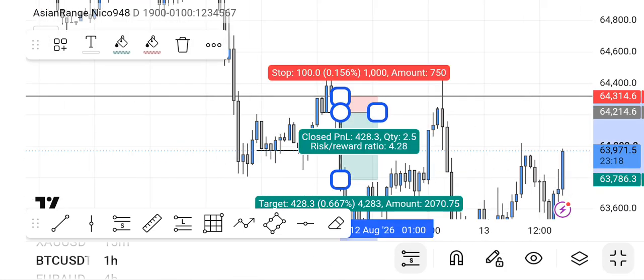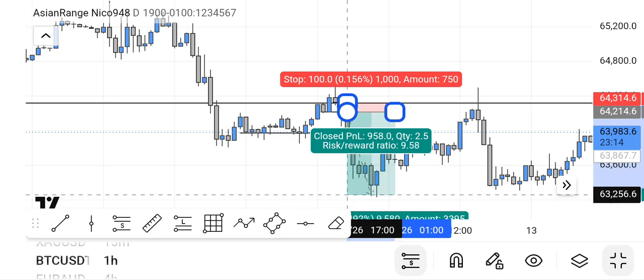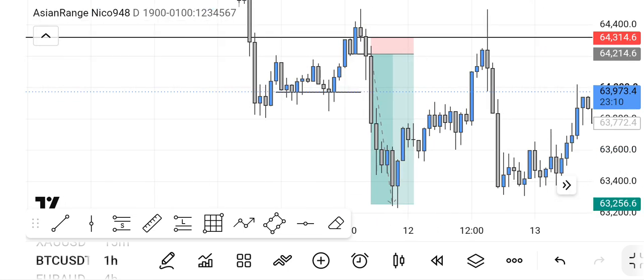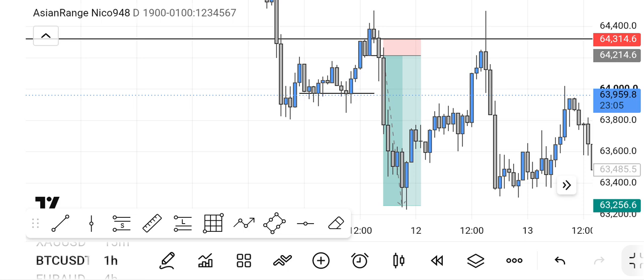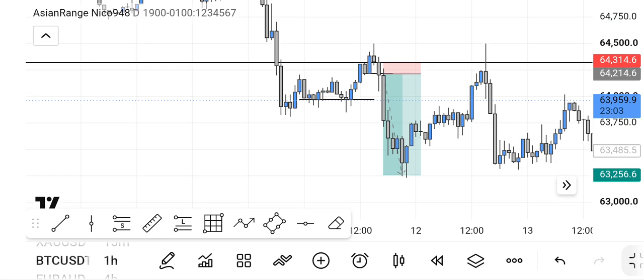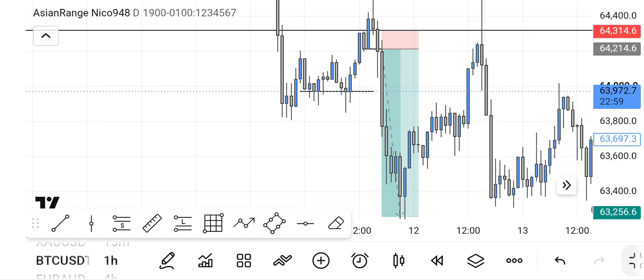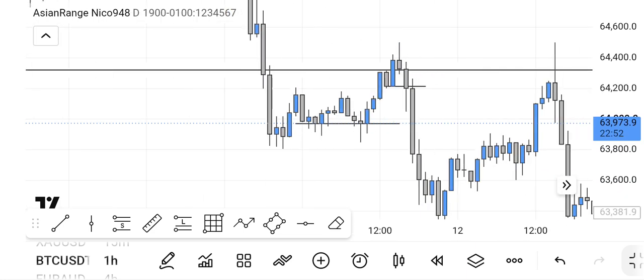Let's look at how many RR. This is a 9 RR trade, bro. Now the thing is that the two step lower time frame is actually much riskier than the other one, but it works. It works beautifully if you know how to use it well.